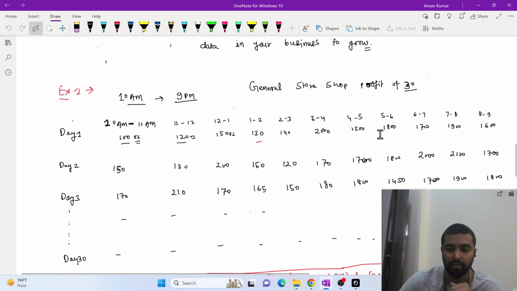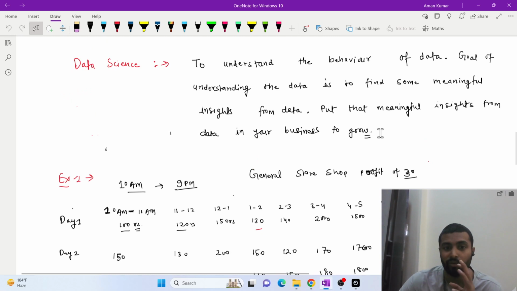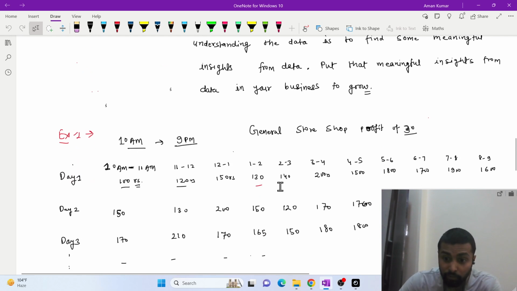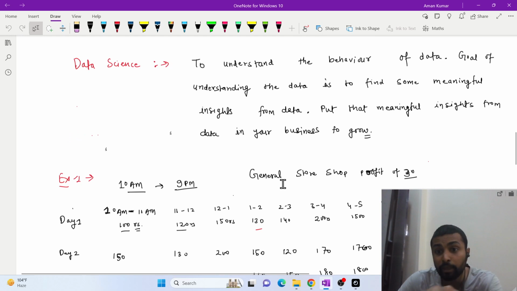Why? Because you were intelligent. So the goal of understanding the data is to find some meaningful insights. This is the meaningful insight you get: that 10 a.m. to 4 p.m. you are not earning too much, but after 4 to 9 p.m. you are earning too high. This is the meaningful insight from your data.